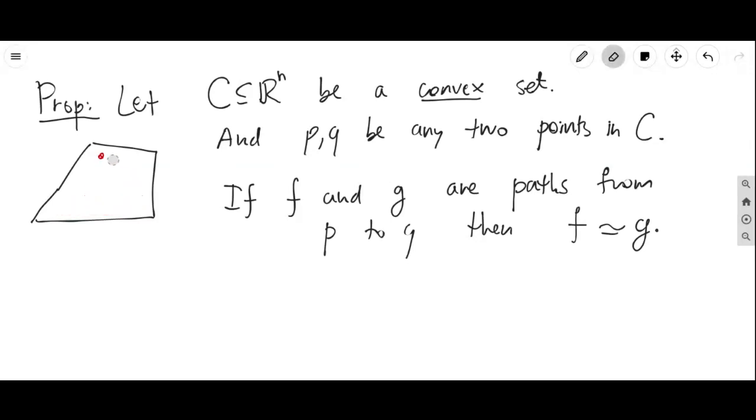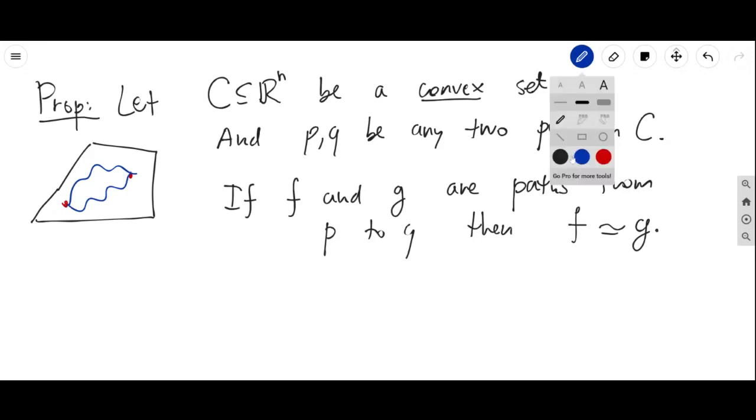Because this is your convex set, and if you have 2 points, this is one path, and this is another path, and the entire idea is based on the fact that if you connect any 2 points on the path by a straight line, that straight line falls within your convex set. So that's why convexity makes everything simpler.